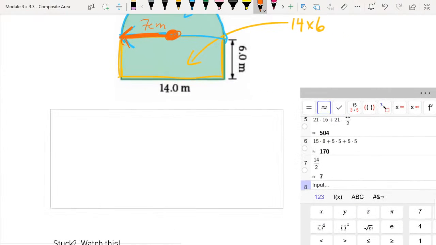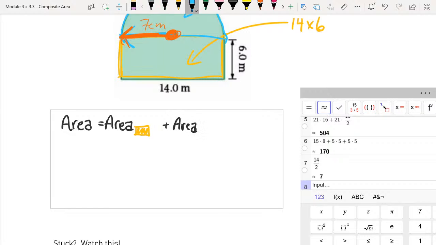And so the area of this guy is just the area of the rectangle, plus the area of that blue circle if it was a whole circle, and then we just have to remember to divide that by 2 because we don't have a whole circle, we only have half a circle. So let's work that out.